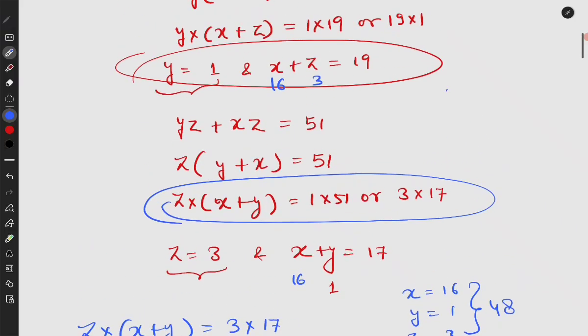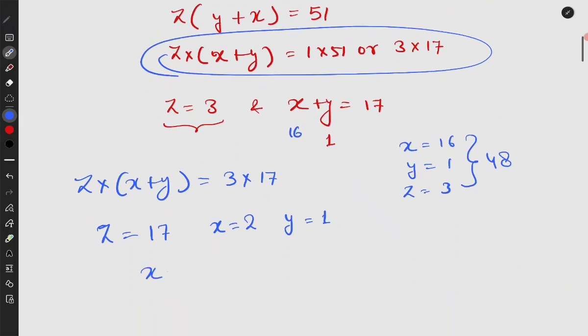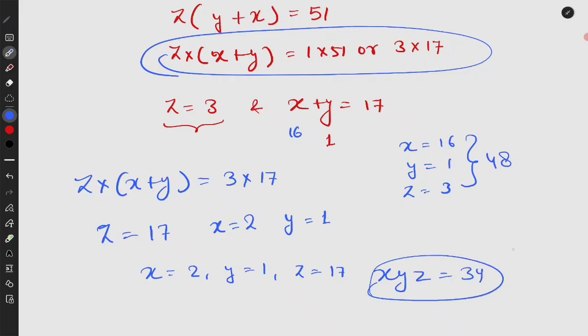Here x plus z is equal to 19, and if you are assuming z as 17, then x will be 2. Now from this we get x equals 2, y equals 1 and z equals 17. So if you multiply 17 into 1 into 2, you get xyz equals 34, and that is minimum, that is lesser than 48. The answer of this question would be 34.